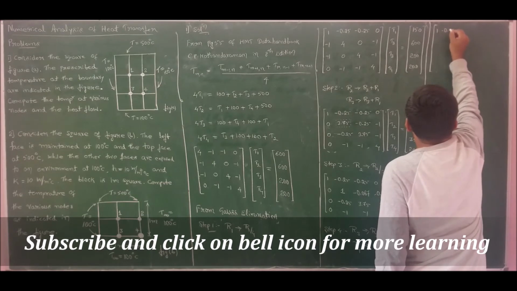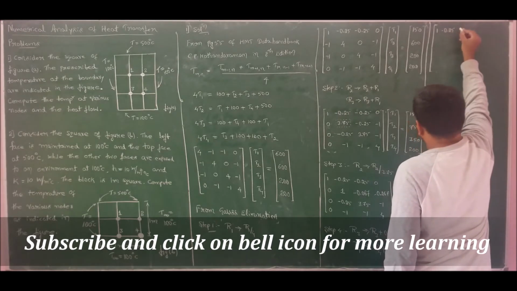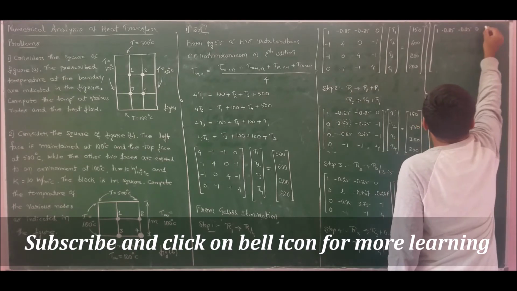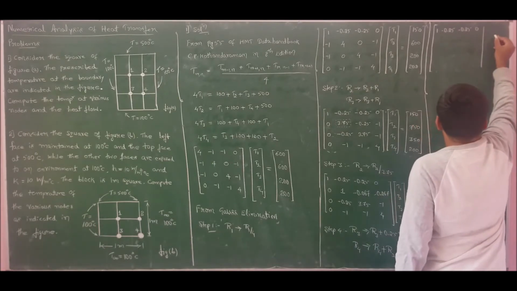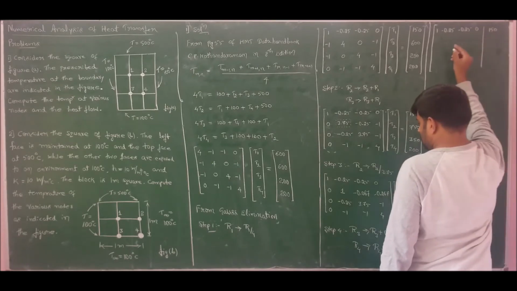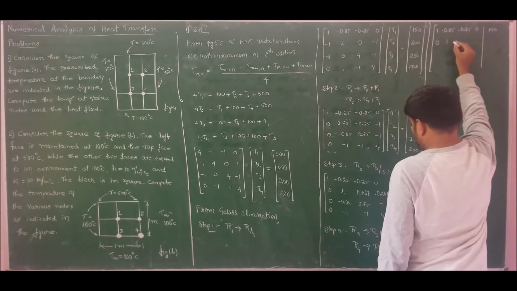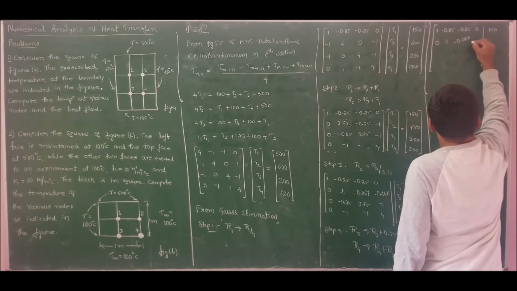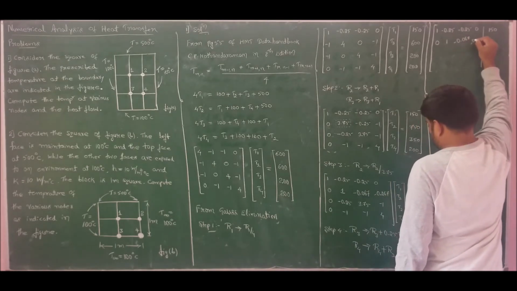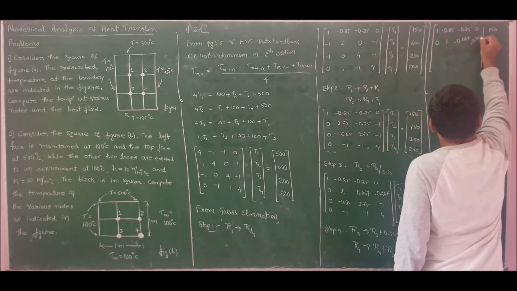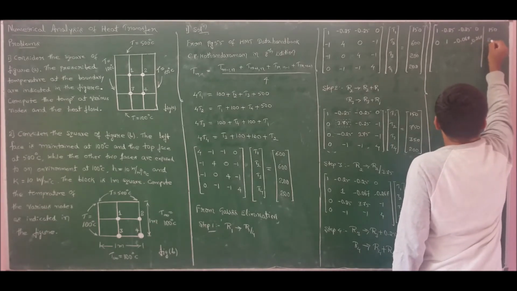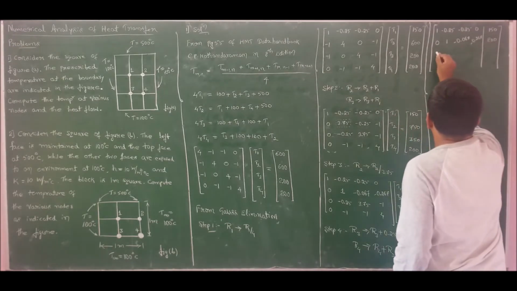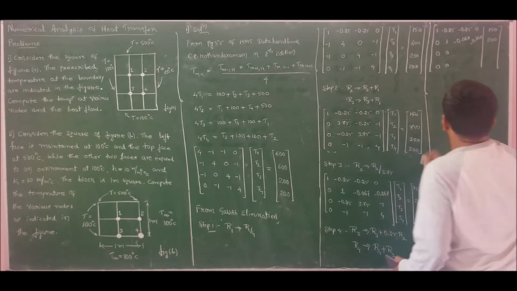First two rows remain as it is. 1, minus 0.25, minus 0.25, 0 and 150. Second row we have 0, 1, minus 0.067, minus 0.267 and we have 200. Let us perform the operation. So here I also get 0 and 0.